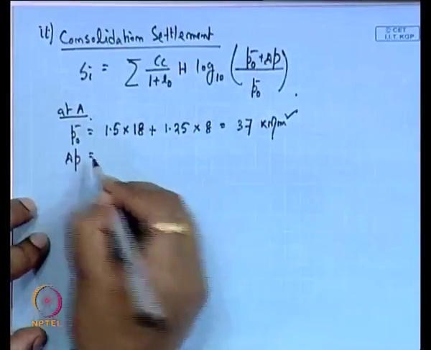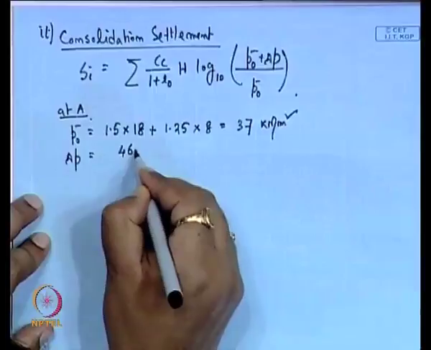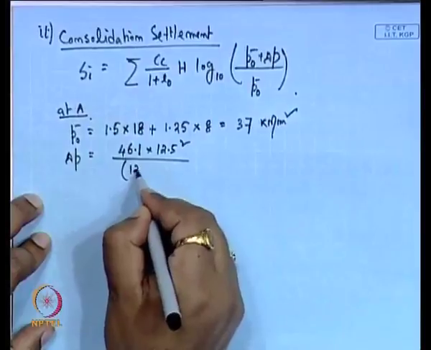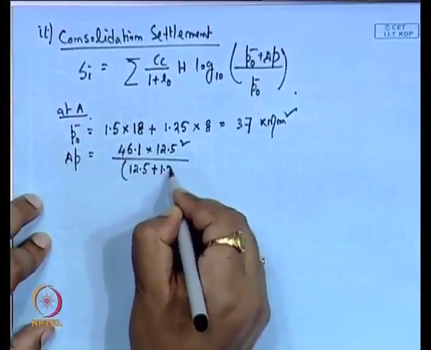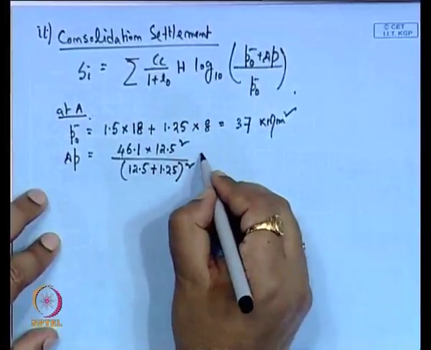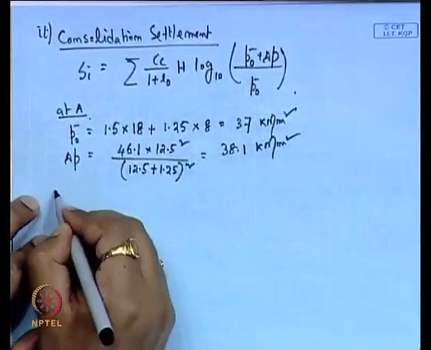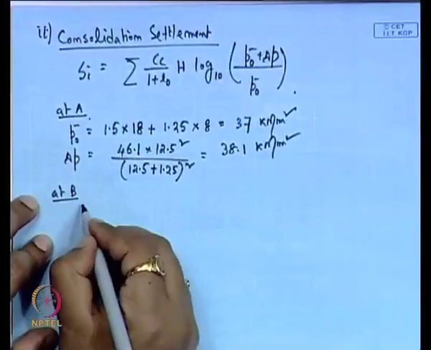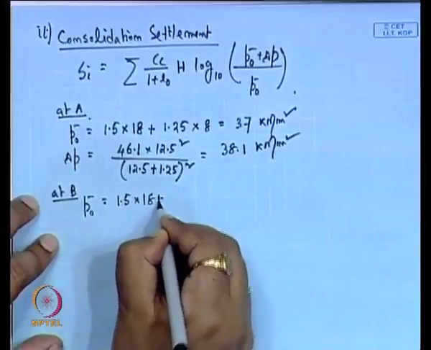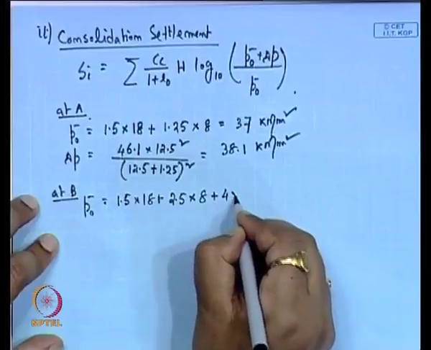Similarly, del P we are considering 1:2 distribution. So 46.1 into 12.5 whole square divided by (12.5 plus 1.25) whole square, because this is a square footing. So this is 38.1 kilonewton per meter square. Similarly, at B, P_0 bar is 1.5 into 18 plus 2.5 into 8 plus 4 into 8.